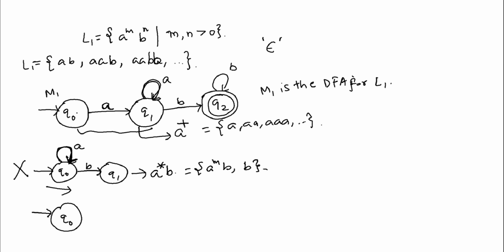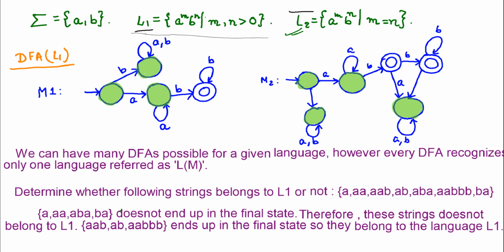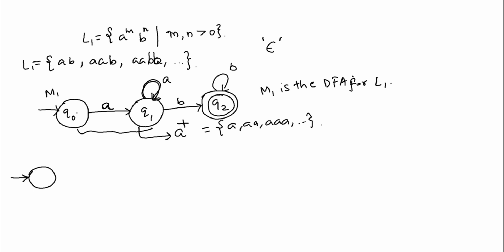Okay, very good. So how do you construct a DFA? It is through intuition. You get good at constructing DFAs through practice only. For a given language, you can have any number of DFAs possible. This is one DFA M1 for L1.